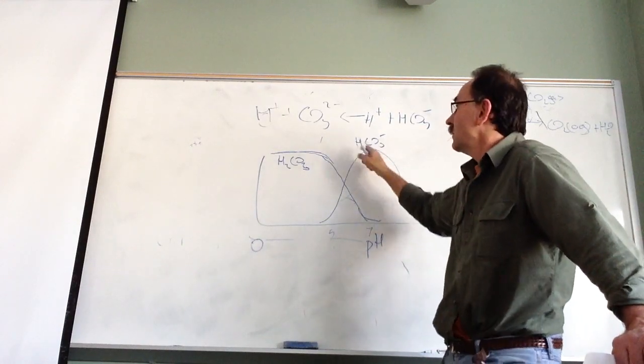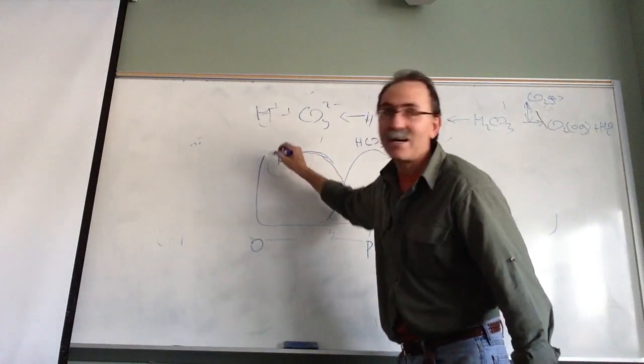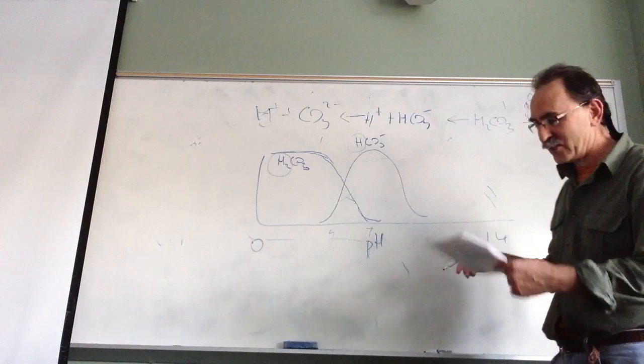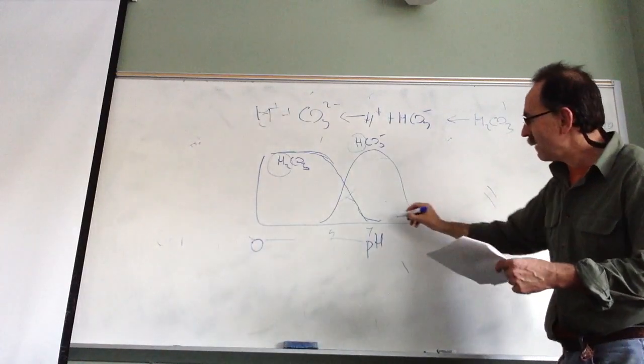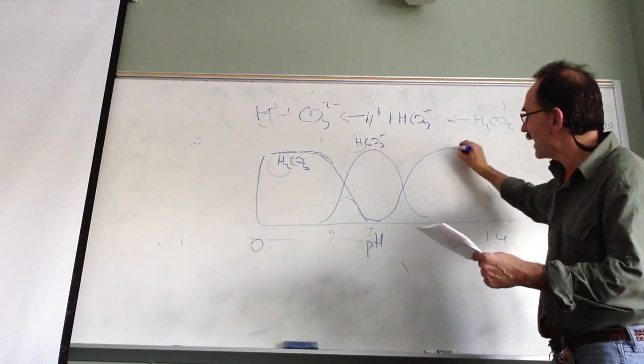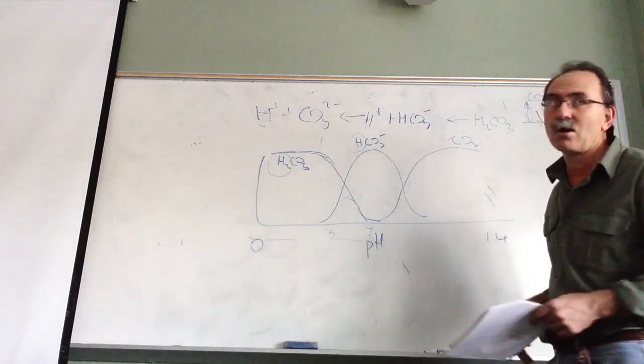Okay, so going back here, there's not quite as much availability of H ions. As H ions become more and more scarce, we're going to find the CO3 ion, the carbonate ion.